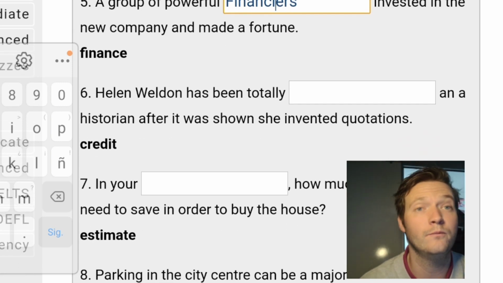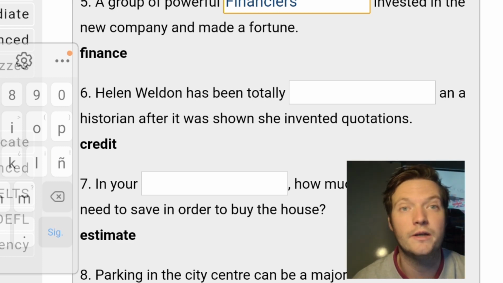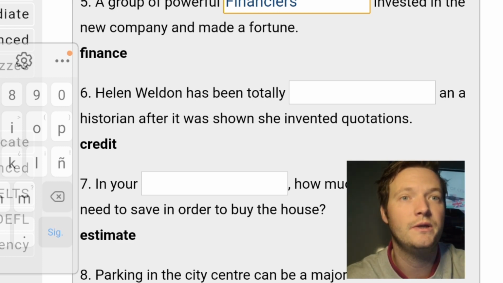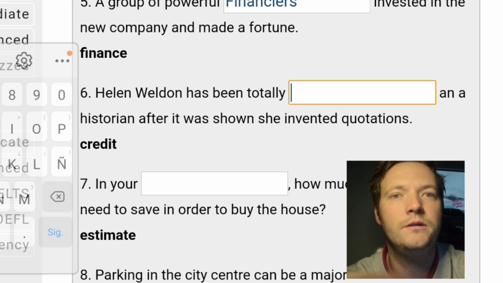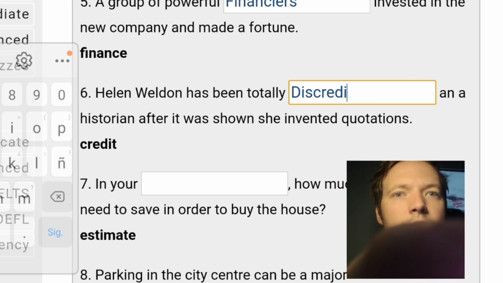Helen Weldon has been totally discredited as a historian after it was shown she invented quotations. Okay, so she has lost her credit as a historian. She has been totally discredited.